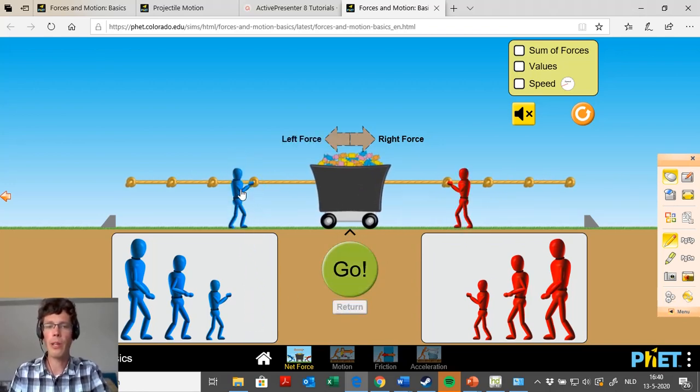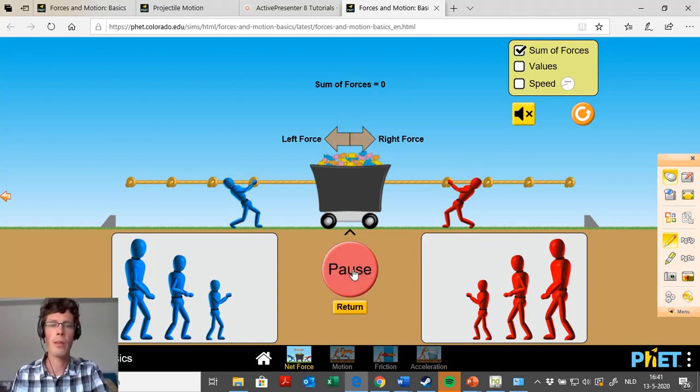When I put an extra guy there, and that guy is also exerting force, since they're equally strong, the sum of the forces, that means the force to the right and the force to the left together, is 0. So when I press go now, nothing happens. They're both equally strong, so the cart doesn't move.